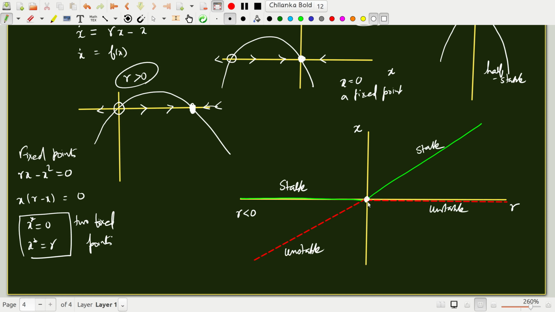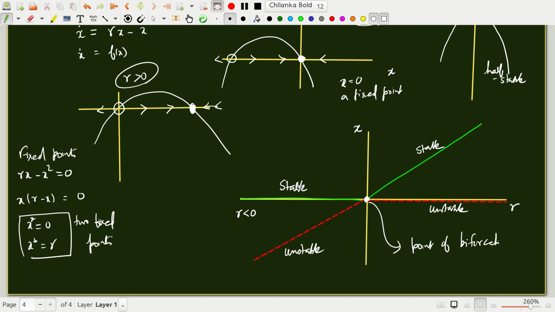And the point of bifurcation is r equal to 0. Okay, so this is called a transcritical bifurcation, wherein there are two solutions, one stable and the other unstable. At the point of bifurcation, the solution which was unstable now becomes stable, and the solution which was stable now becomes unstable.